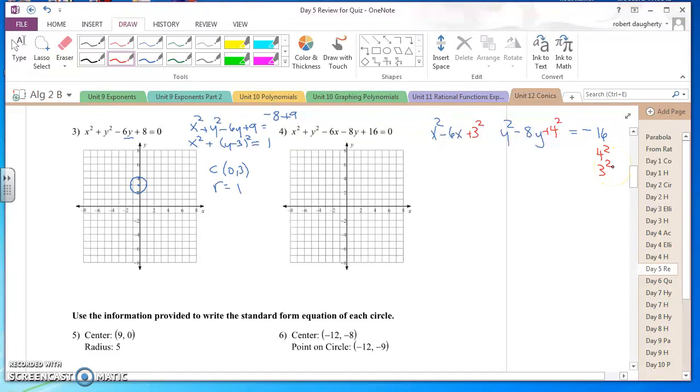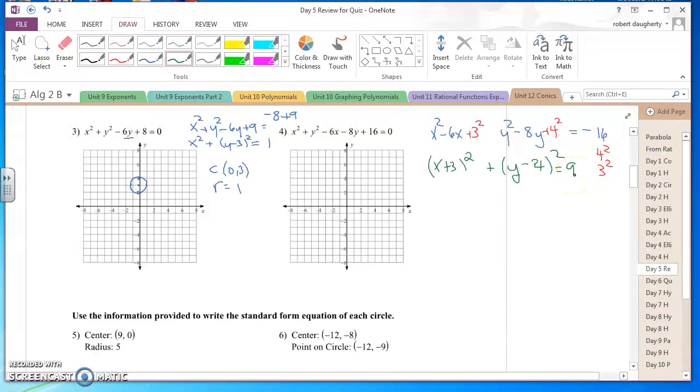If I add these numbers to the left, I must also add these numbers to the right. So what I have on the left is x plus 3 squared plus y minus 4 squared is equal to, appears to be 9.